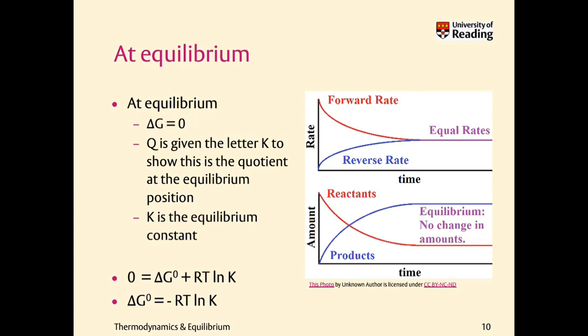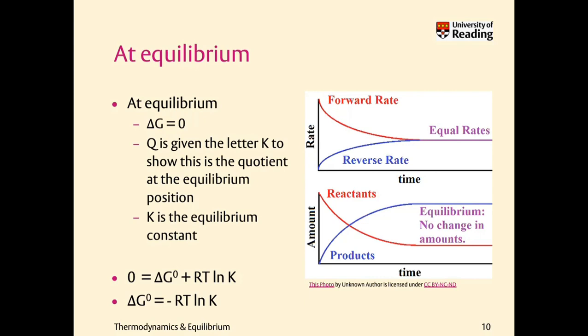At equilibrium, the quotient is given a different letter. It's given the letter K. Okay. And it becomes the equilibrium constant. And at equilibrium, the change in G, in our Gibbs energy, is also 0. So this means our quotient equation changes and simplifies.